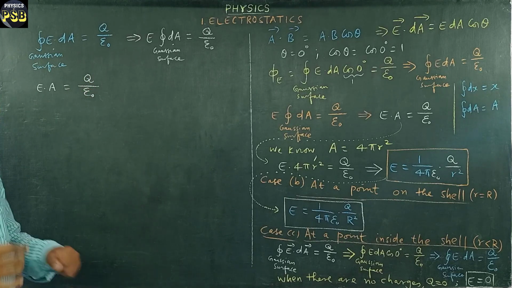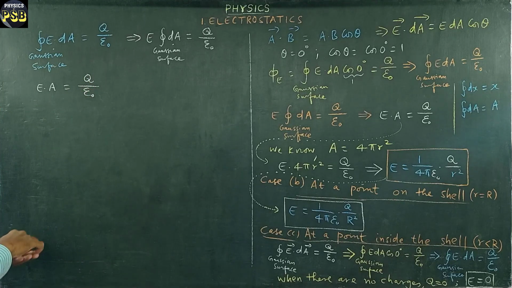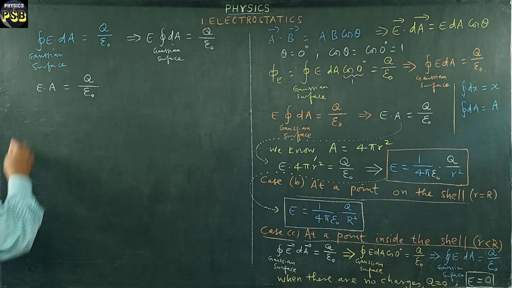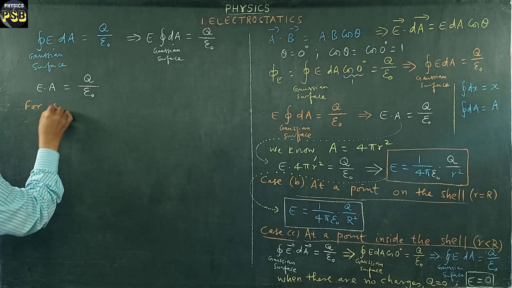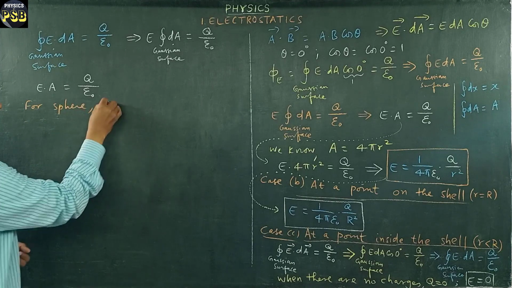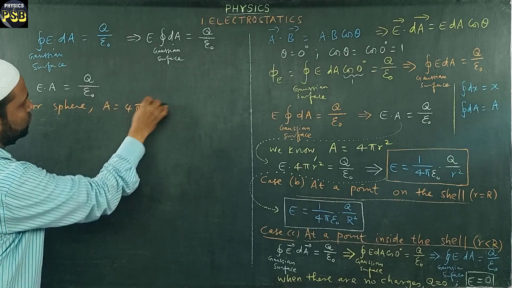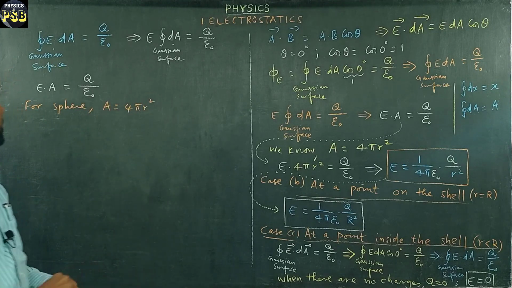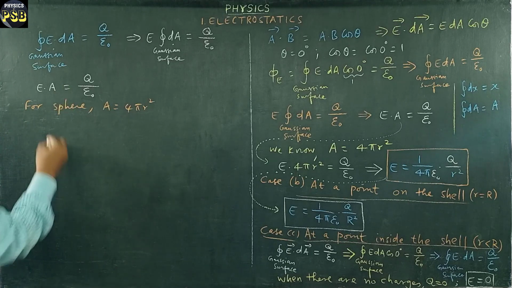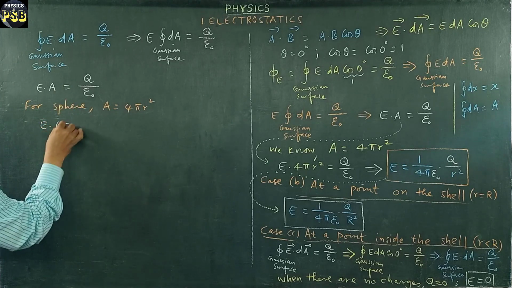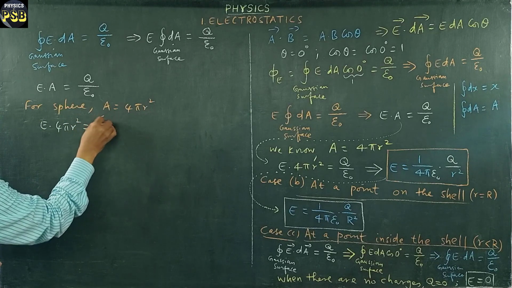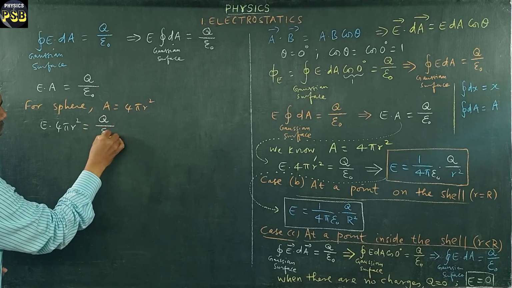You know, for a sphere, the area is 4 pi r square. That I use here. So what I get? E times 4 pi r square equals Q upon epsilon naught.